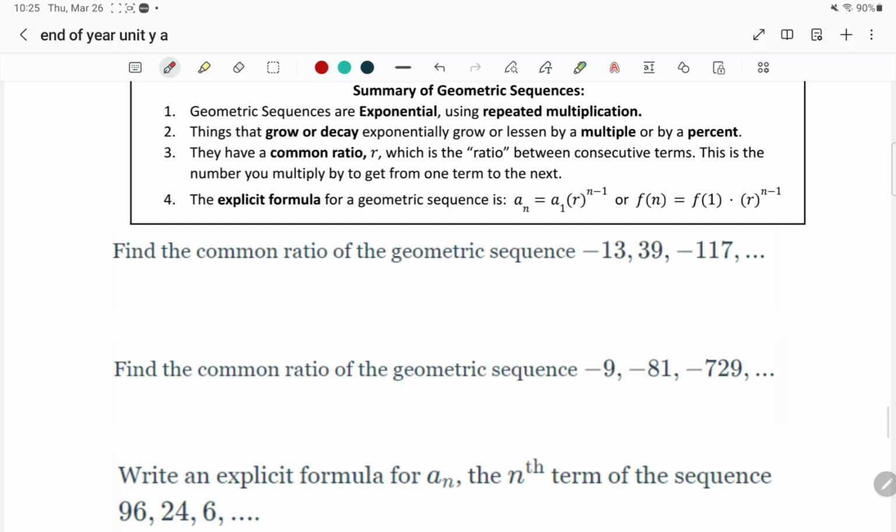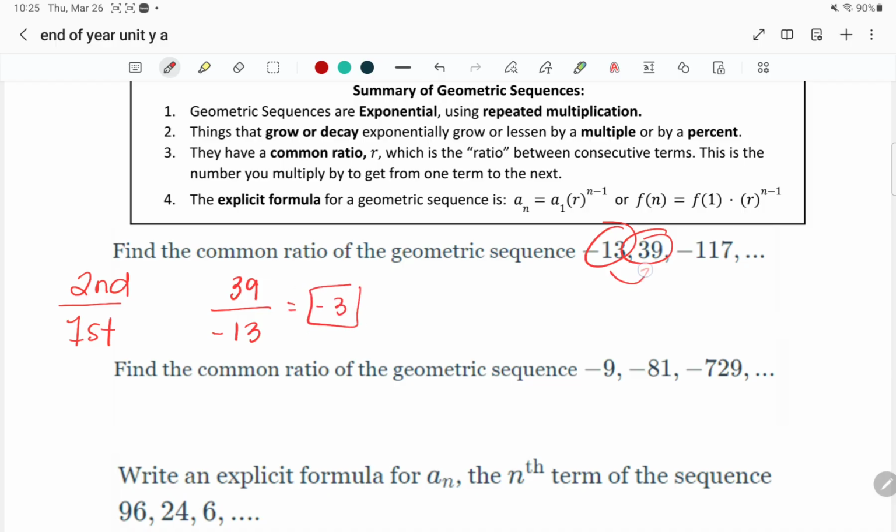So let's try it out. Instead of a common difference formula, I have a common ratio formula. This was the other one we talked about in 9.1. And instead of being second minus first, it's second divided by the first. And so I'm going to take 39 and divide by negative 13, because that's my second term and my first term. And if I put that in my calculator, I get negative 3.